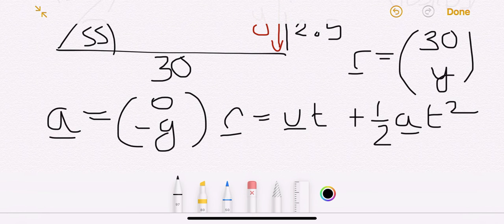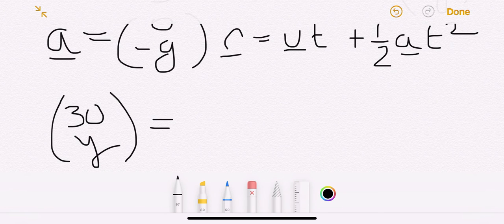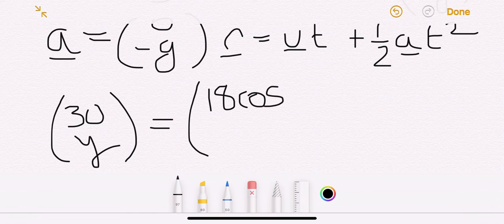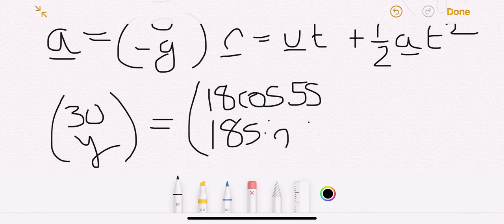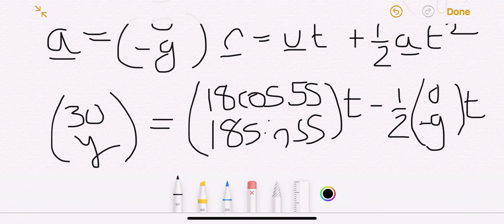So putting this information into the equation, we have (30, y) equals (18 cos 55, 18 sine 55) t plus a half (0, minus g) t squared.